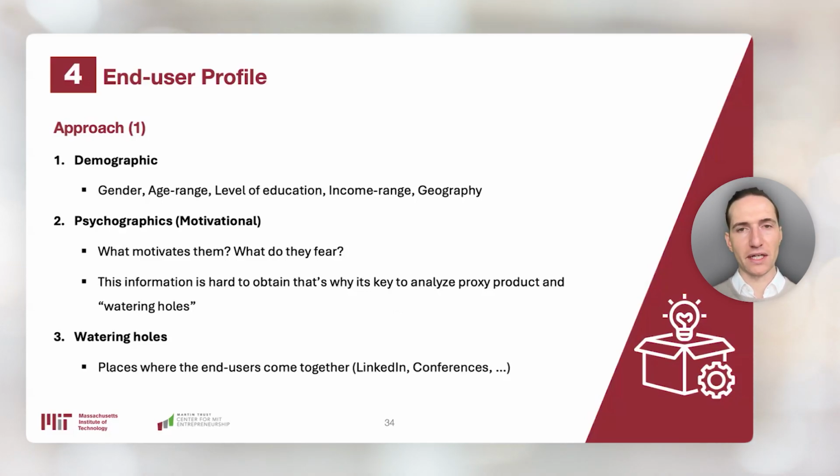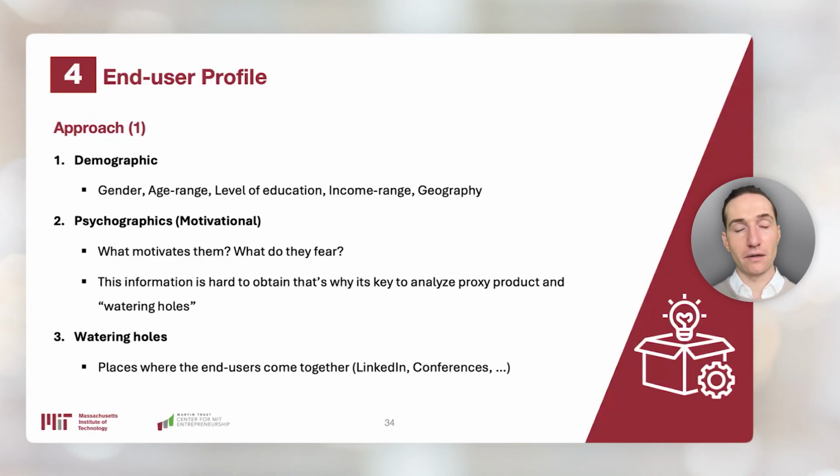Secondly, you look at the psychographics, which are motivational characteristics. So for example, what motivates your end user? What do they fear? This is obviously hard to obtain, but it's very important to get that information because it helps you in the later process to develop your go-to-market strategy or your marketing strategy.